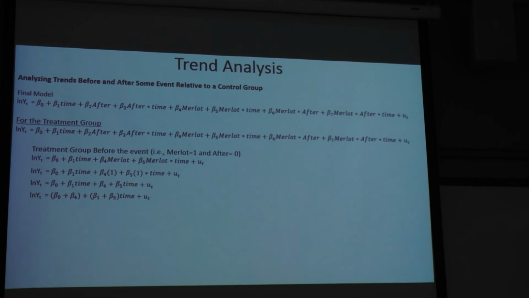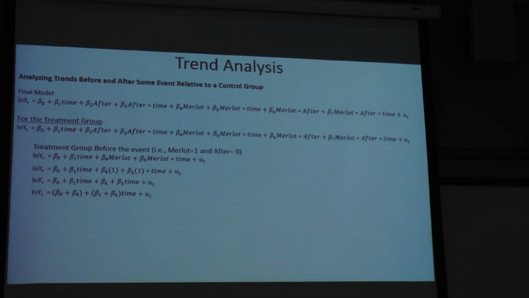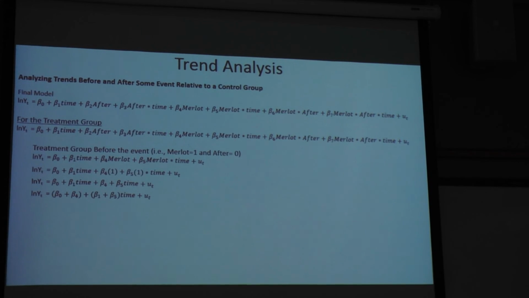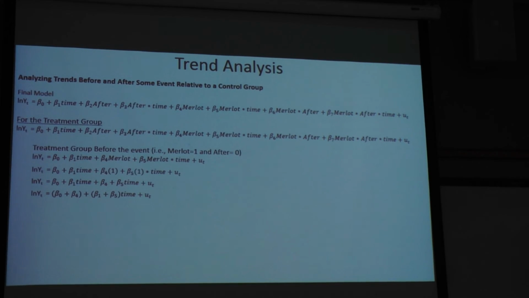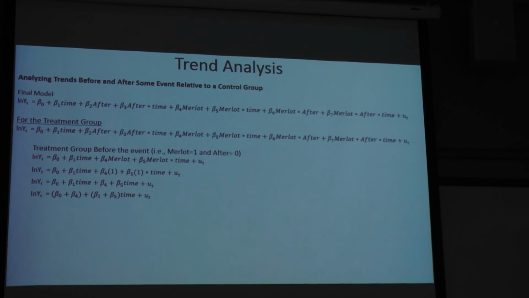More importantly, beta 5 would be 0 because beta 5 represents the growth rate. Does that make sense? It really does help seeing this as opposed to a regression output. You want to be able to look at a regression output and think in these terms, as opposed to, oh my God, this is a really big regression output.